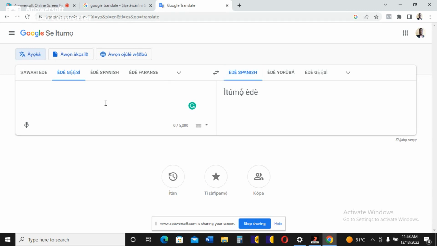This is the Spanish language. Don't mind that they are using my Yoruba language to show the meaning of what is displaying to me, but that's not the topic for today.